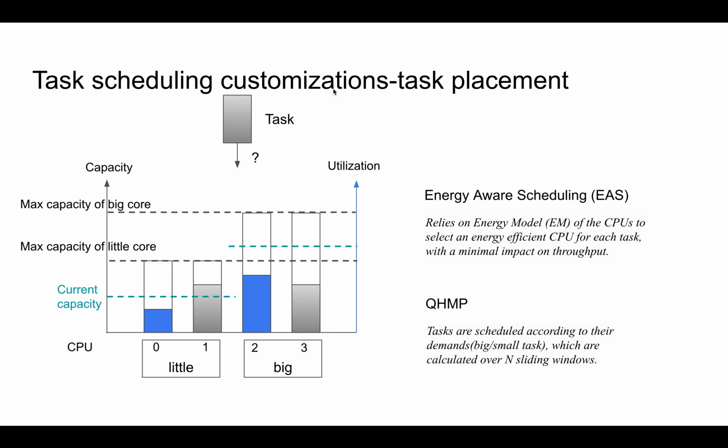We can see that EAS has more bias on energy efficiency, or more power conservation. Well, there are also some other customizations with different biases, like QHMP developed by Qualcomm. Tasks are scheduled according to their demands and marked as big or small tasks, which are calculated over several sliding windows and may have better performance under burst load.